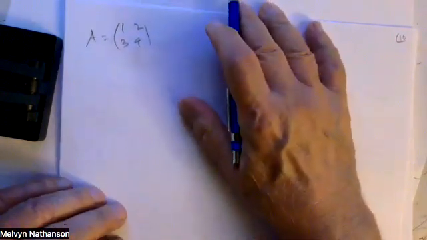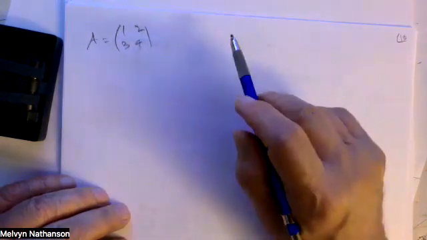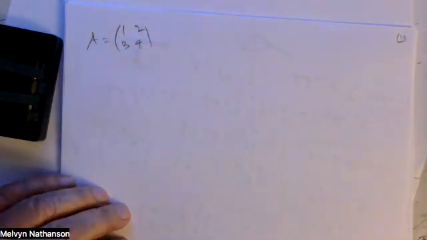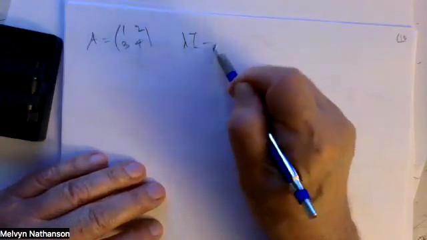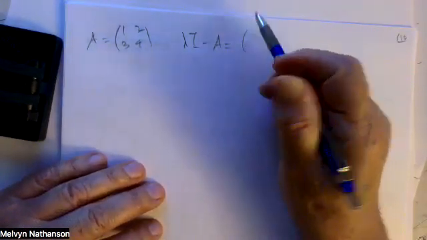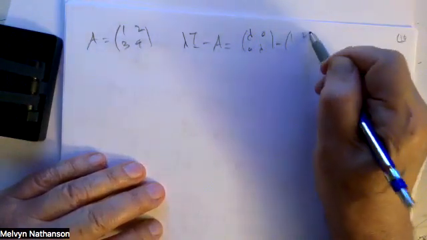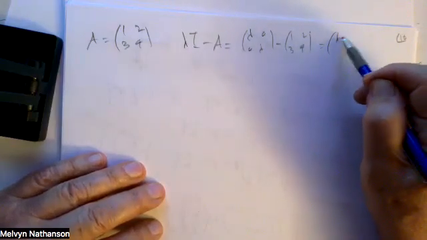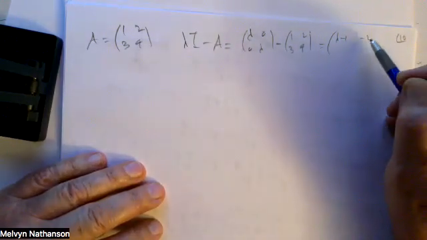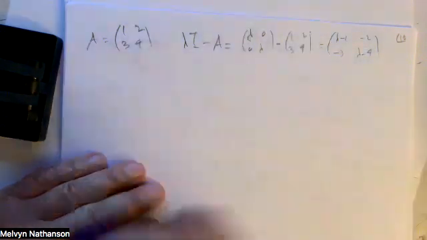So for this matrix, which corresponds to a linear transformation from R2 to R2, I want to find the eigenvalues and eigenvectors. So lambda I minus A is the matrix lambda, 0, 0, lambda, minus 1, 2, 3, 4. So that's lambda minus 1, minus 2, minus 3, lambda minus 4.